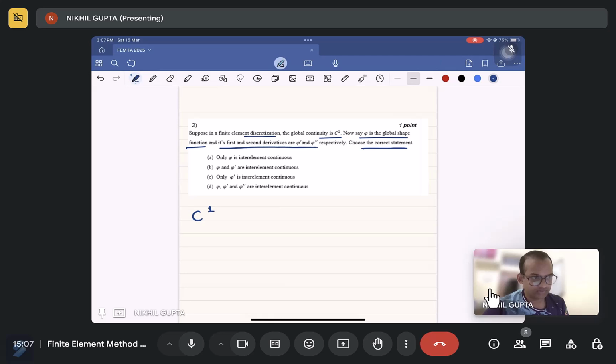C1 means the primary variable and its derivative both are continuous. Correct. So C1 functions are functions whose derivative exists and is continuous.